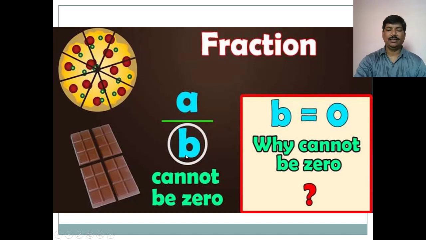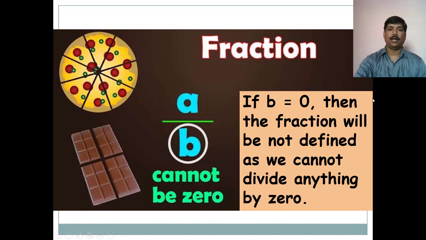It means there is no whole. So remember, B cannot be 0. If B equals 0, then the fraction will not be defined, as we cannot divide anything by 0.